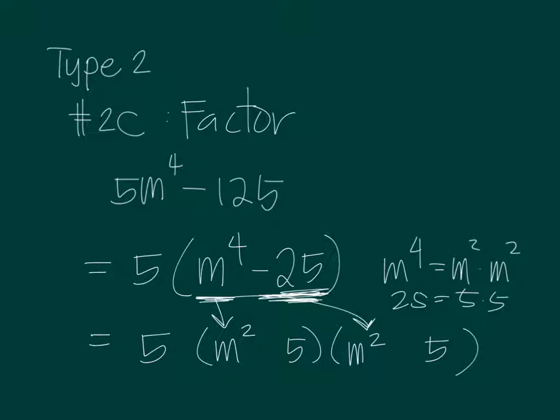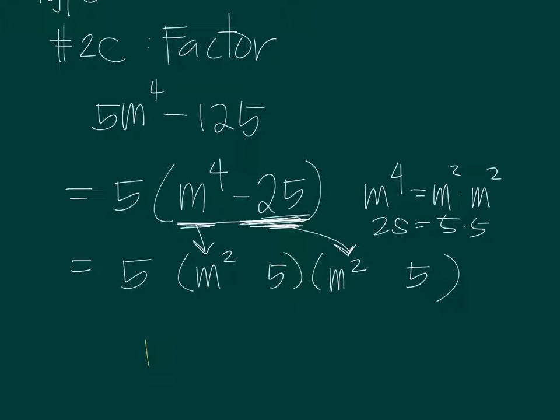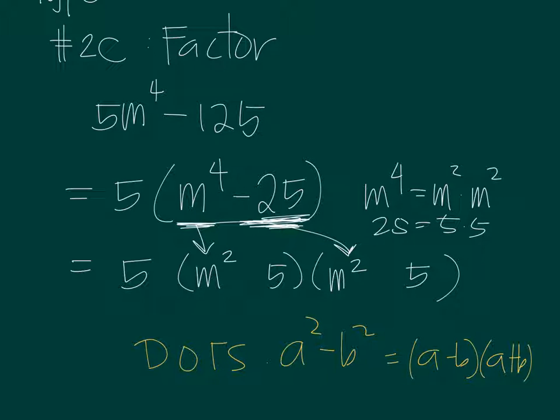Again, since this is an example of the difference of two squares, meaning a squared minus b squared, the factored form is a minus b times a plus b. So the signs for the factors will be, I have m squared plus 5 and the other one is m squared minus 5.